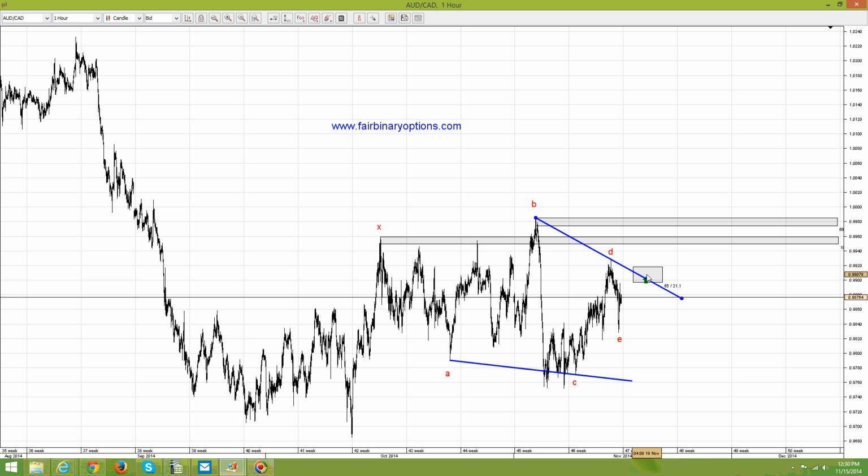Or if the E wave is not completed and the market still retraces to the downside here, we'd like to buy call options on this area, into 98.40, so 30 pips lower. Why? Because we have a series of higher lows, sorry, rising, so we like to benefit on that move as well. So if it comes here, we buy call options. If the B2D trend line is broken, we buy call options.